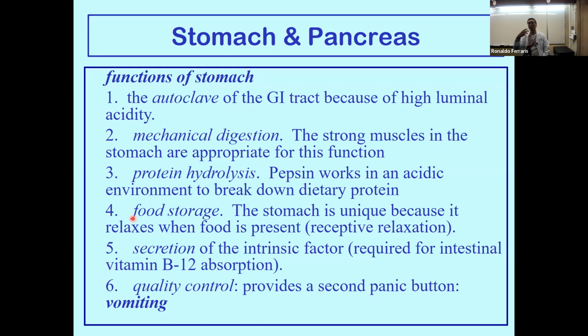So when the chemoreceptors in your stomach sense food, then it magically expands the box and says, lo and behold, you can eat more because now I'm going to expand, to the chagrin of your waistline, of course. It secretes the intrinsic factor, and then they are also involved primarily in quality control, which is vomiting.